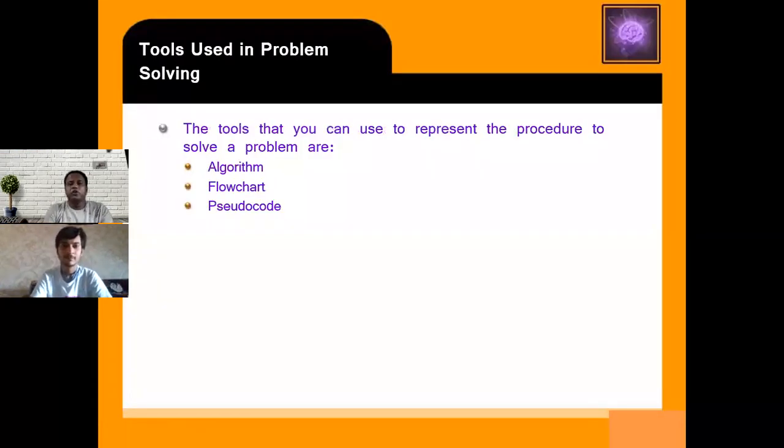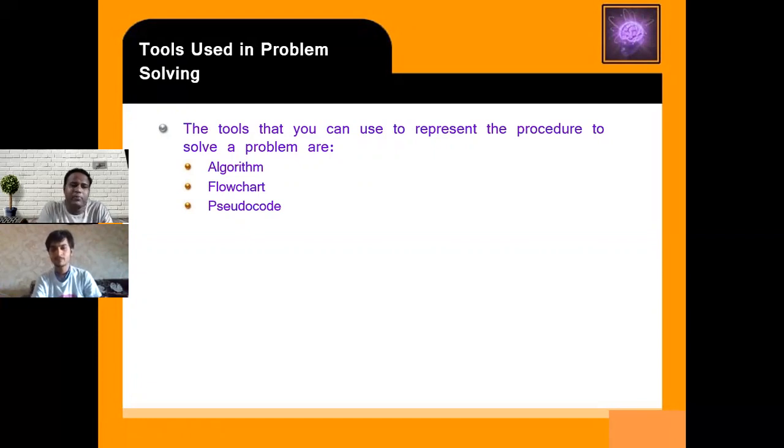Okay. The tools that are used in a problem solving technique. Programming language is nothing but a problem solving technique. Why is a programmer writing or developing a software?